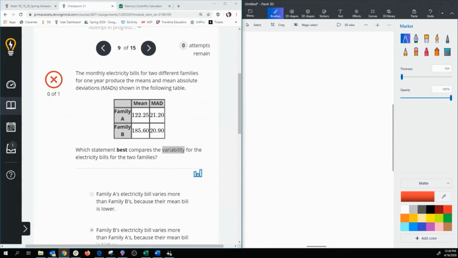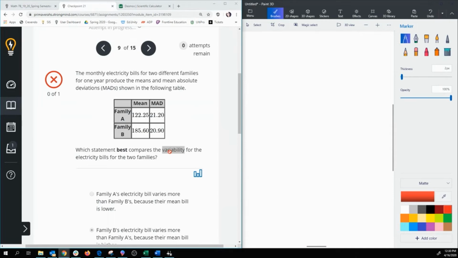All right, so the monthly electricity bills for two different families for 1 year produce the means and MADs shown in the following table. Which statement best compares the variability for the electricity bills of the two families? So again, we're asked about variability. So which am I paying attention to?